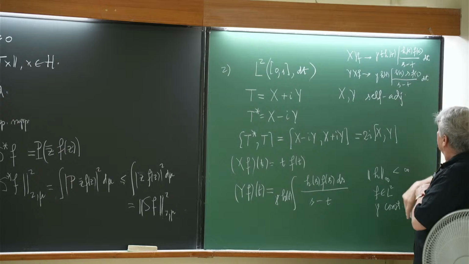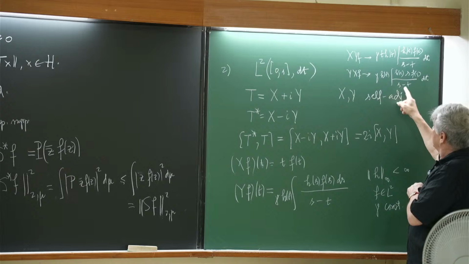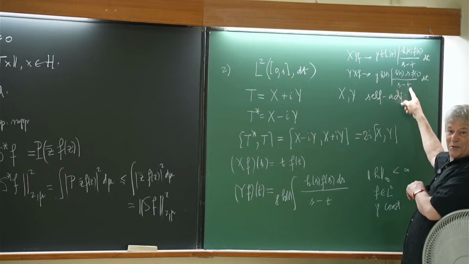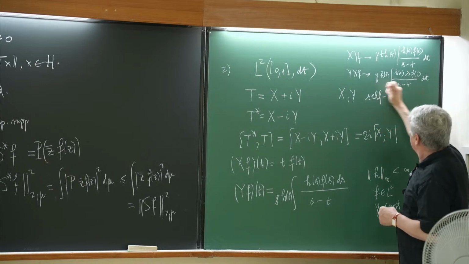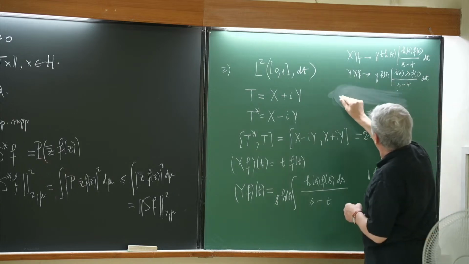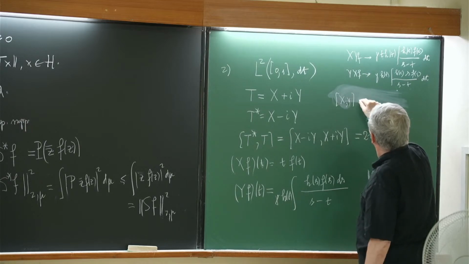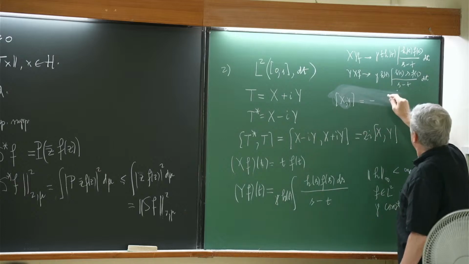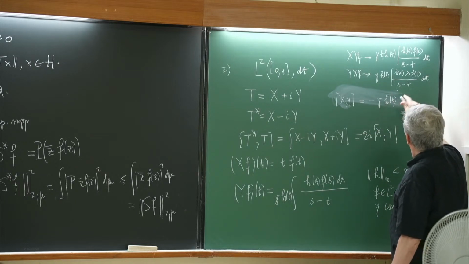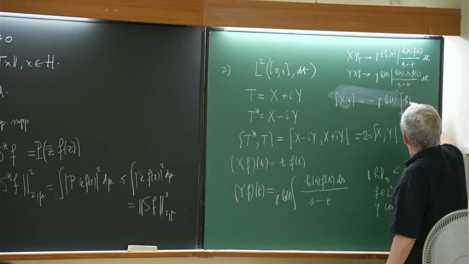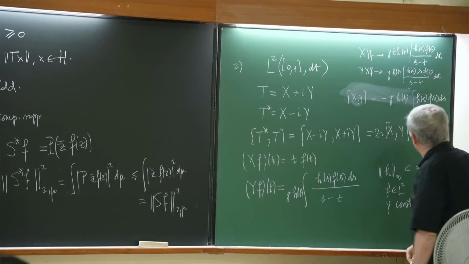Let's subtract. T minus s cancels with t minus s. So all in all, in this computation, the commutator between x and y is something like minus gamma h of t, the integral of h(s) f(s) ds.